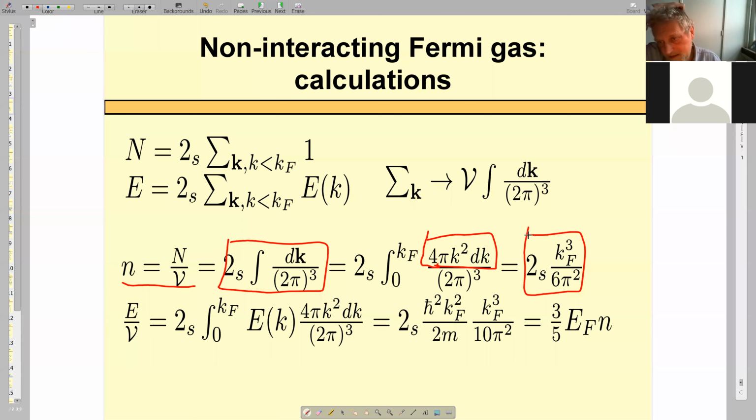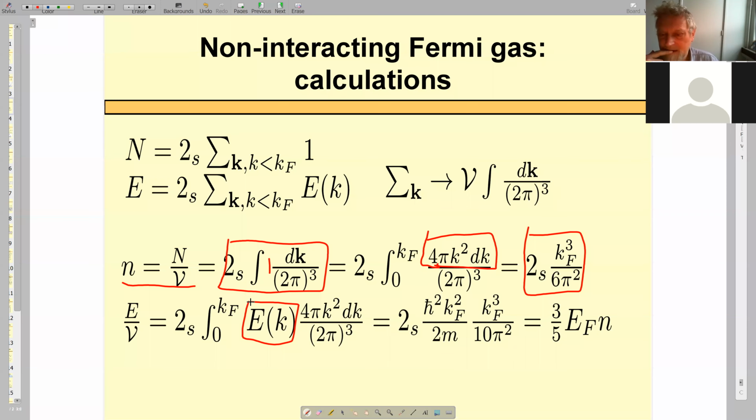So the density of electrons is proportional to k_F cubed, as we can figure out from dimensions. Energy is almost the same, but instead of 1, you integrate the energy ε_k.